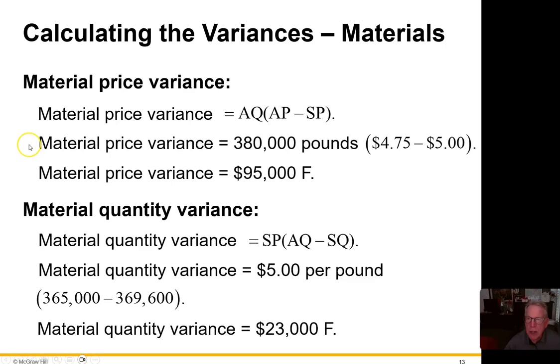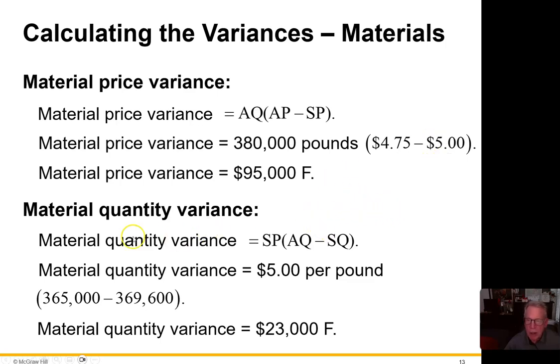Okay, the material price, therefore, is going to be 380,000 pounds. That's the actual quantity times the difference between the actual price and the standard price. So here we have a nice favorable variance of $95,000 because we purchased the material for less than the standard.